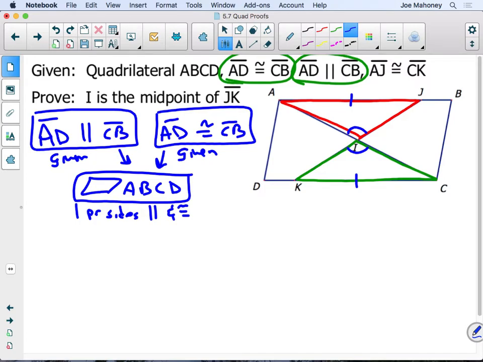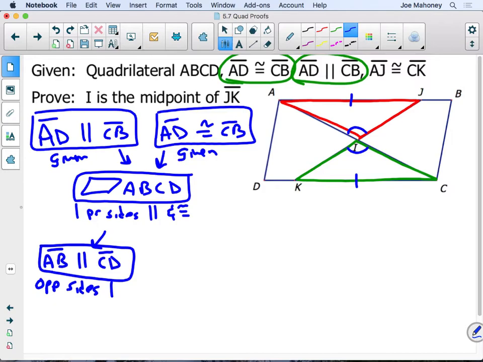So let's see. Since the thing's a parallelogram, I'm going to say that side AB is parallel to side CD, because the opposite sides of a parallelogram are parallel.